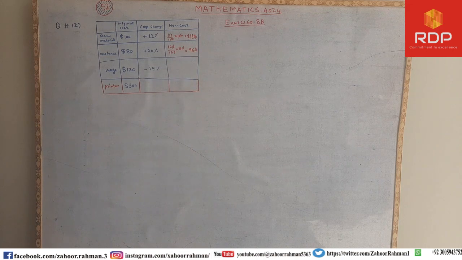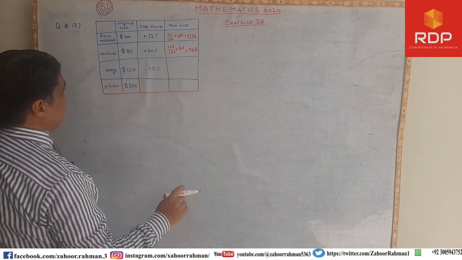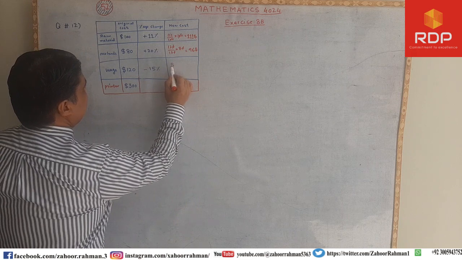Similarly, the cost of wages is decreased. So we have to subtract 15 from 100 and it will be 85.